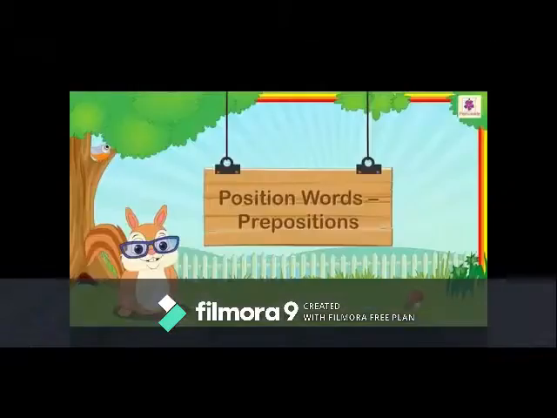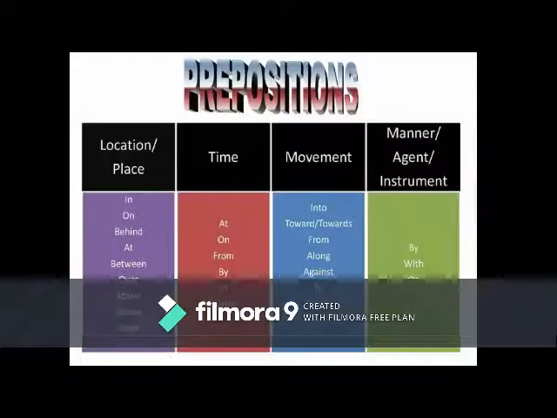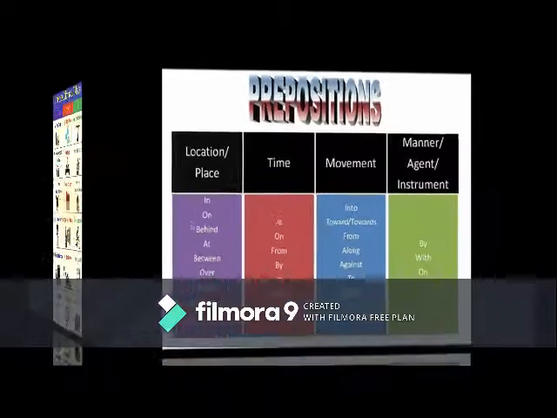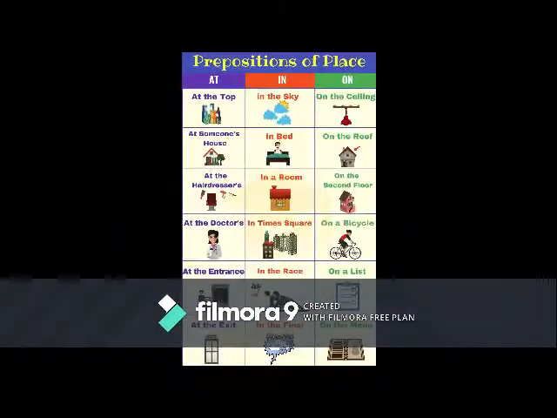Generally speaking, one can classify prepositions in three groups: prepositions of time, prepositions of place, and prepositions of direction, which include other prepositions. A preposition of place is a preposition which is used to refer to a place where something or someone is located.